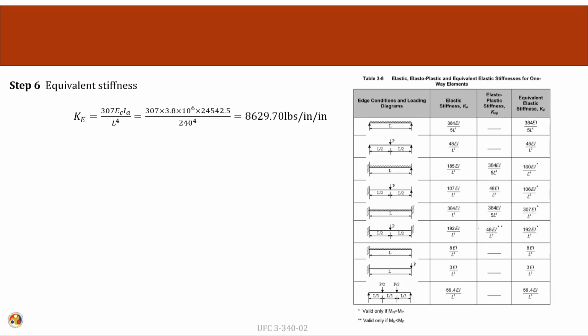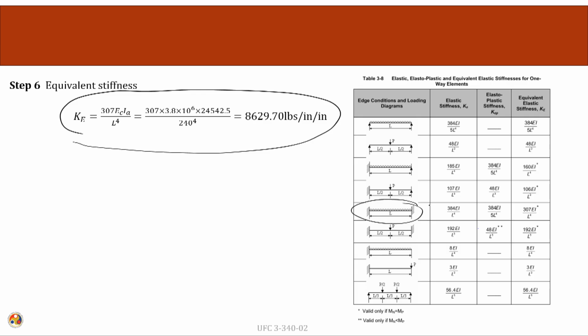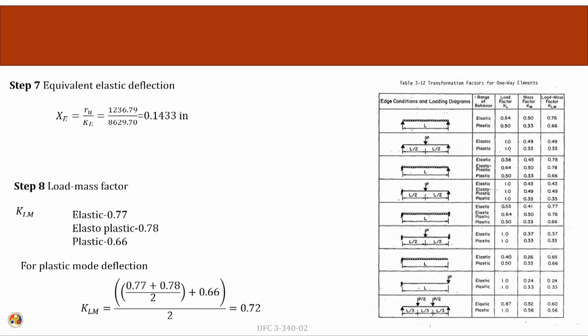Using all these numbers, we calculate the equivalent stiffness. Remember we were using the fixed beams, so from the fixed beams using these charts we calculate the equivalent stiffness of my section. Once I have the equivalent stiffness, and we have calculated the capacity of the section, it means that we can calculate the elastic deflection of the section.